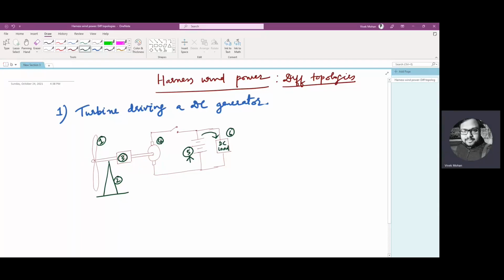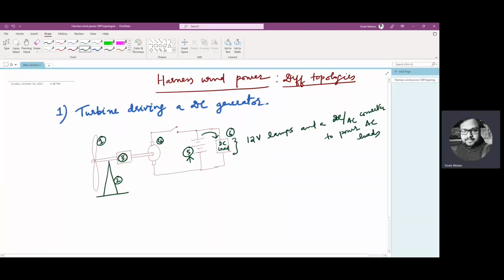Now the loads may consist of a few 12-volt lamps and a DC to AC converter to power AC loads.